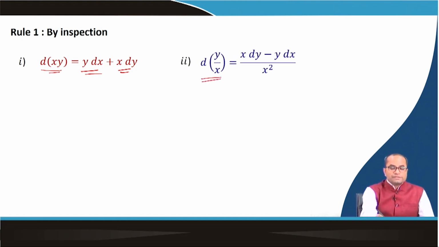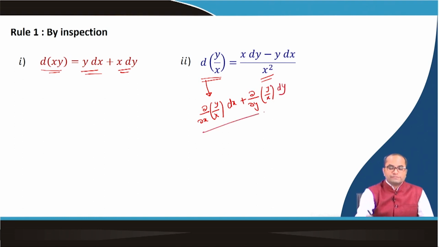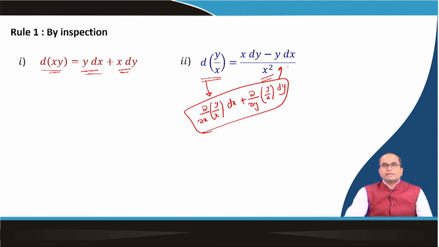This is a simple differential which we can get. Also we can get the differential of y over x. We know the definition of the differential: we partially differentiate with respect to x and then here we have dx, plus the partial derivative with respect to y of y over x and then we have dy. When we simplify this we will get exactly x dy minus y dx over x square.